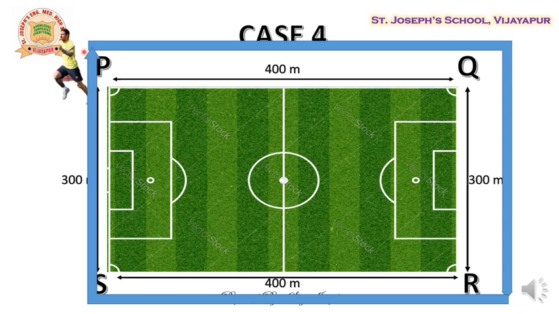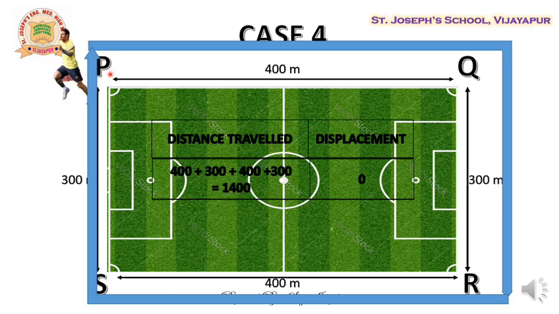But what will be the distance between the initial point P and the final point P? That is 0, because the point P is itself the starting point and the ending point. Hence, there is no distance between the initial and final point. So the displacement remains 0.